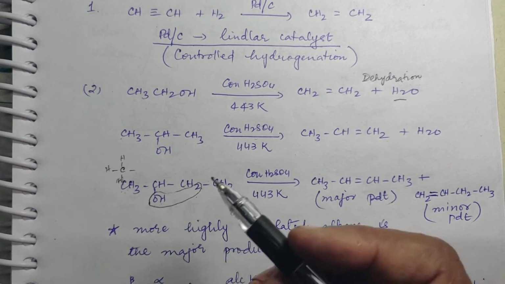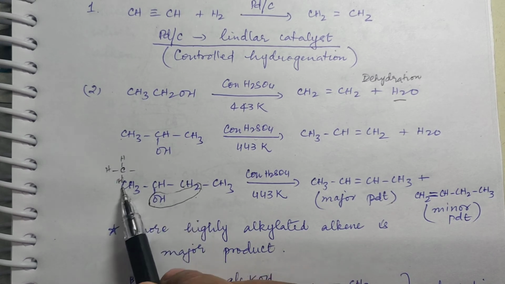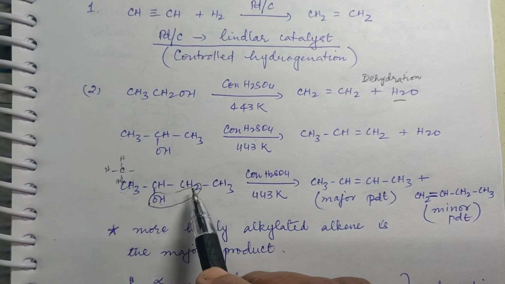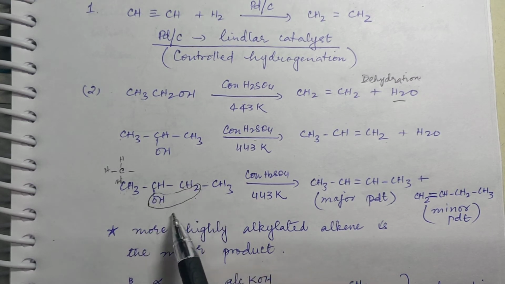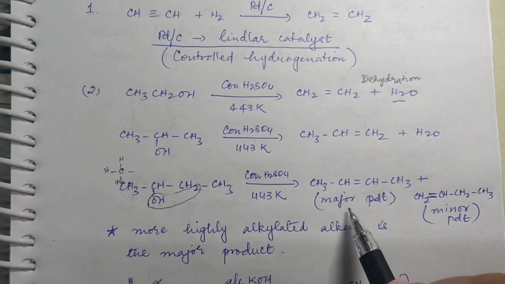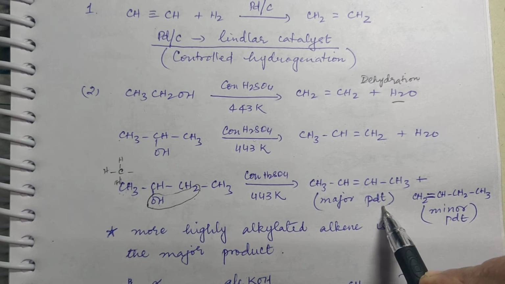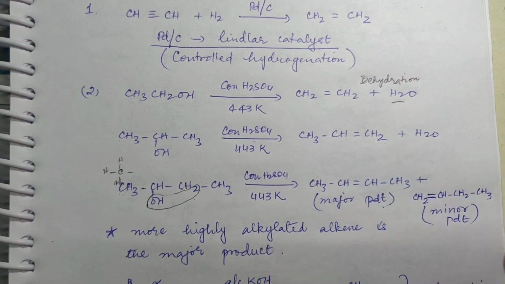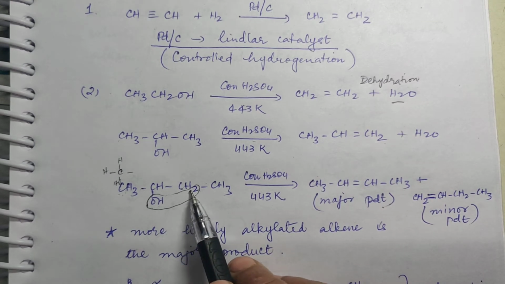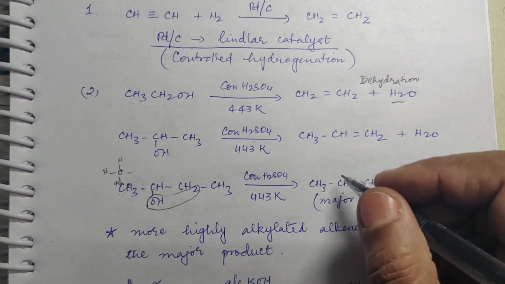So which is poor in terms of hydrogen? This is poor. This has only 2, this has 3, okay? So the one which has fewer hydrogens, if one hydrogen goes from it, you will get the major product, okay? That is, hydrogen is lost from that carbon which is already poor in the number of hydrogen that it holds. Okay, so if this is removed, a double bond is created here, so you will get but-2-ene.